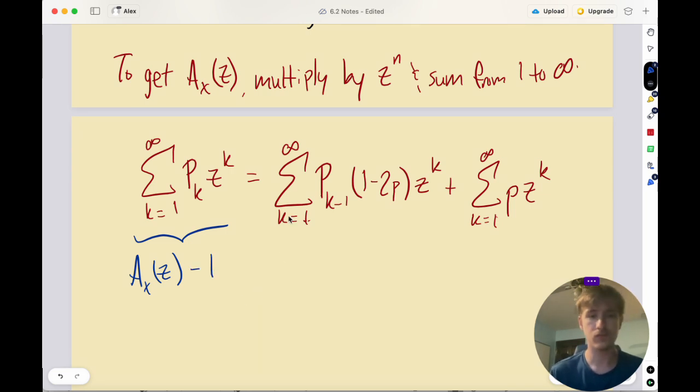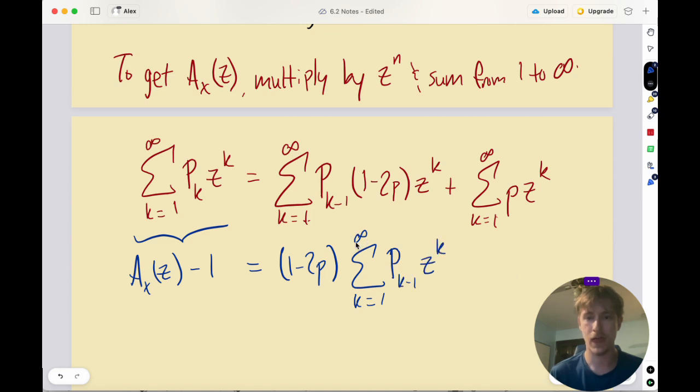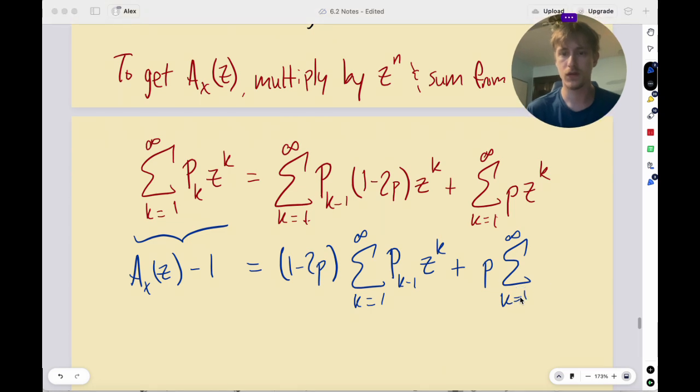So that's going to equal, let's see, I'm going to factor out the 1 minus 2p. Then we have the sum from k equals 1 to infinity of p_{k-1} z to the k, plus this term right here. I'm going to factor out a p, so p times the sum of z to the k.